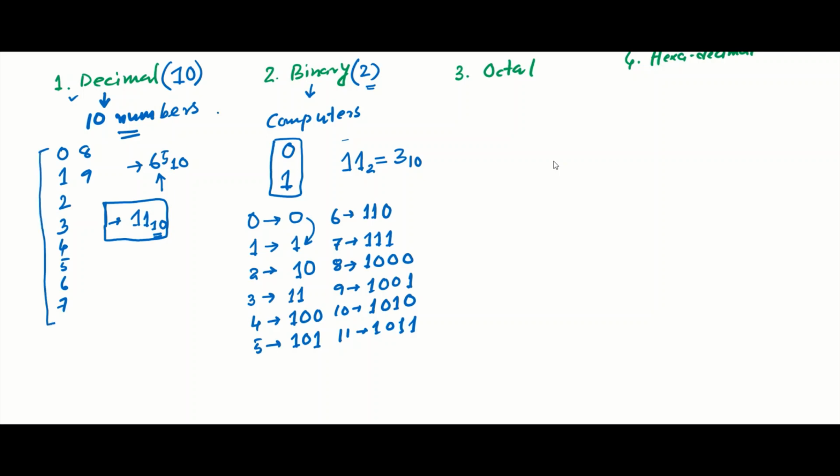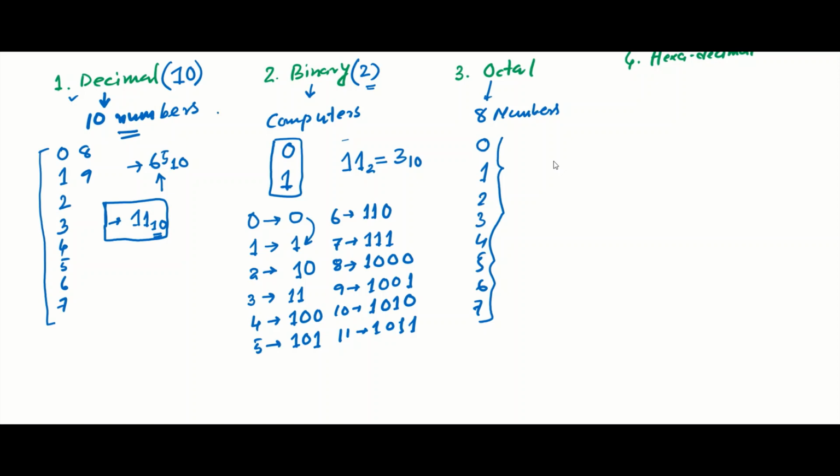But in octal, instead of 10, it considers only 8 numbers. What are these numbers? Just simple 0, 1, 2, 3, 4, 5, 6, 7. Any number that you want to represent in octal, you need to use only these digits. Any other digit is not allowed for octal number representation.